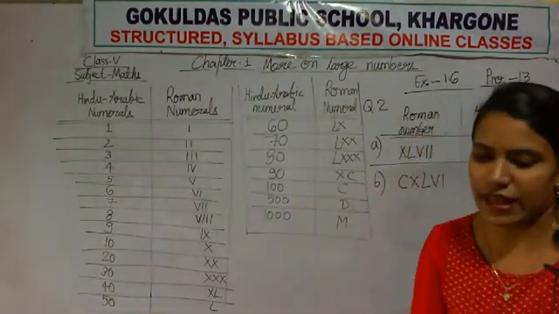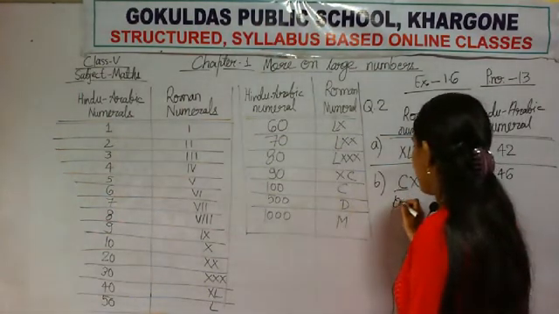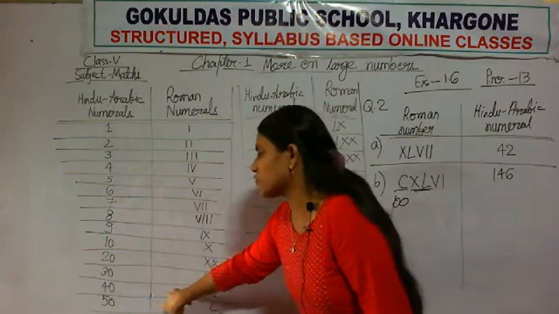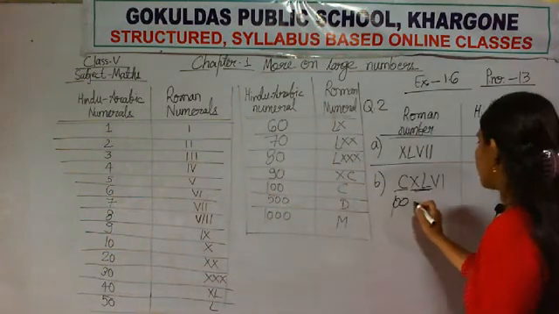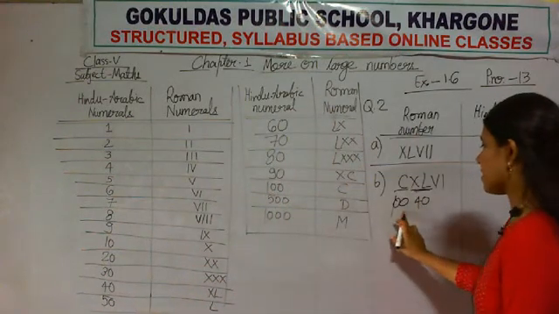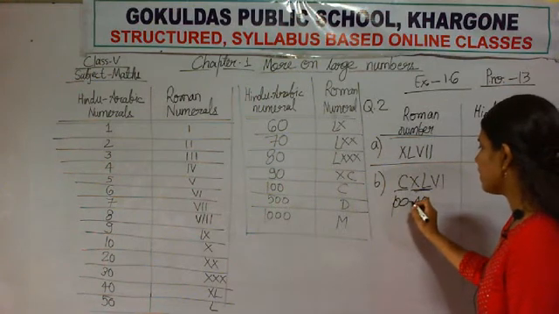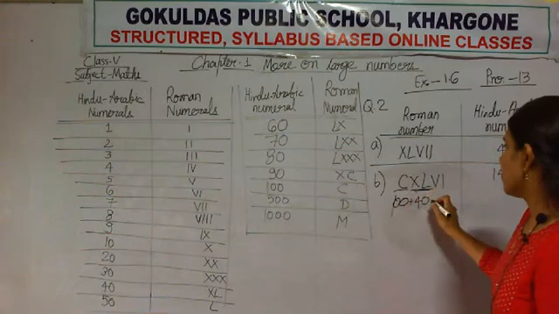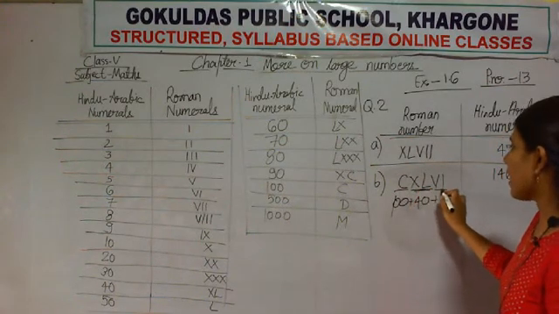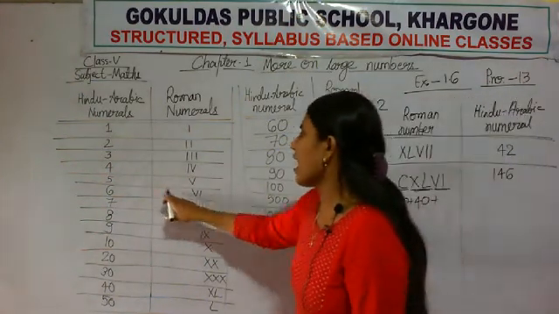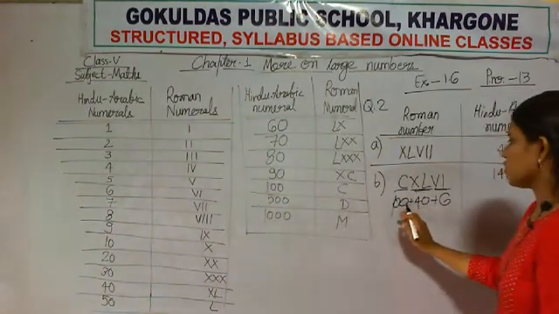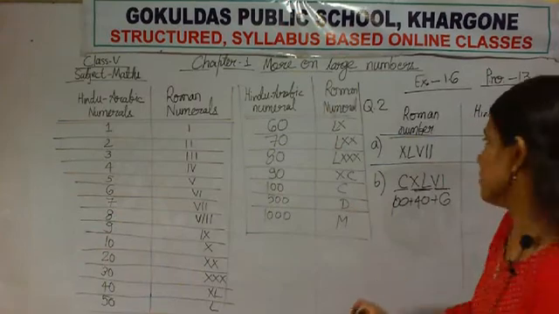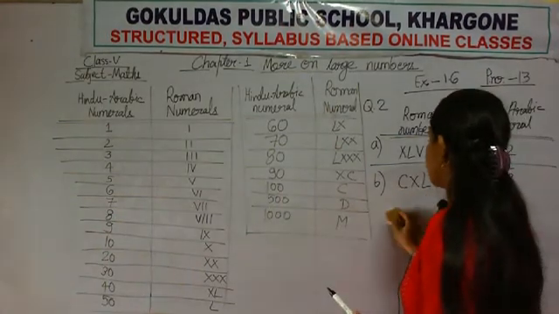Or you can see that C represents 100, and XL represents 40. 40 is a smaller number than 100 and written on the right side, so it shows addition. VI means 6. So when you add these three, you will get 146. Let's do the next.